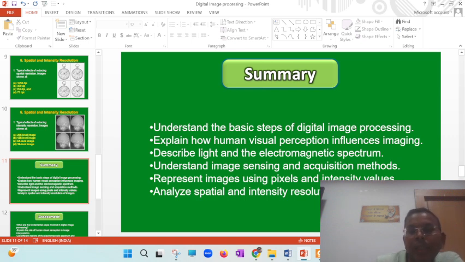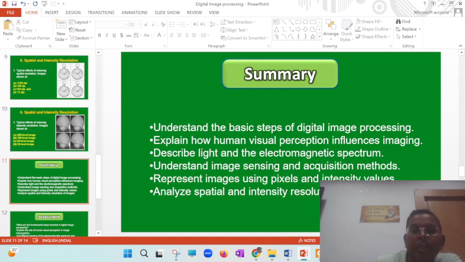We described light and the electromagnetic spectrum, different kinds of spectrum based on wavelength and frequency, and the applications of imaging in these areas. We understood image sensing and acquisition methods and the array of image sensors. We represented images using pixels and intensity values.